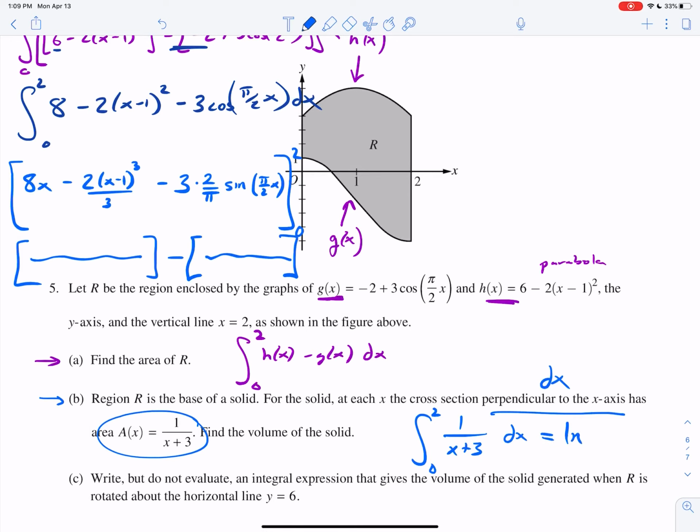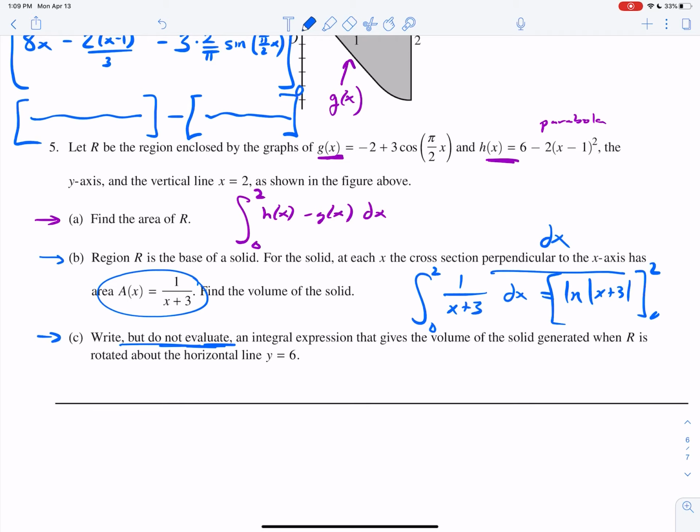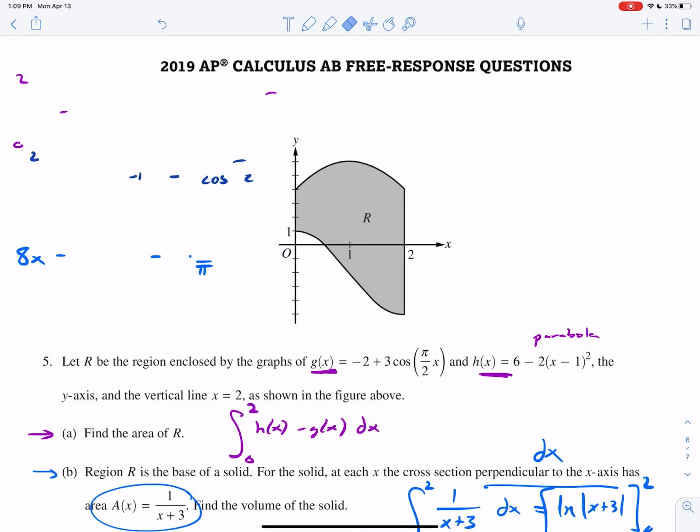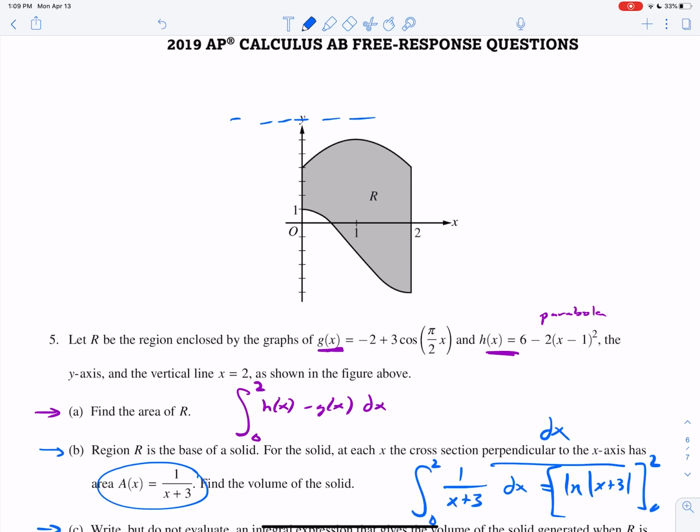Part C, write but do not evaluate. I love these problems here because you don't have to do anything. That gives the integral expression for the volume of the solid generated when R is rotated about y equals 6. Okay, so here we go. Y equals 6. What type of line is that, right? Y equals 6 is just a horizontal line.